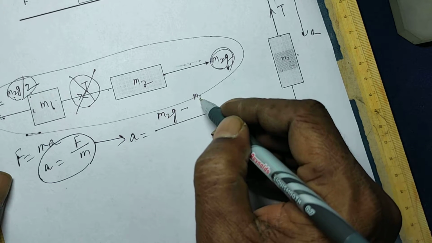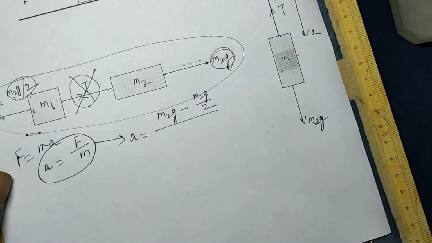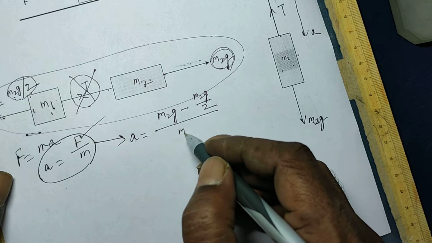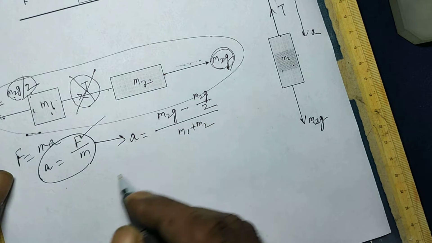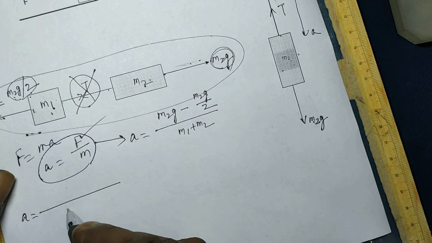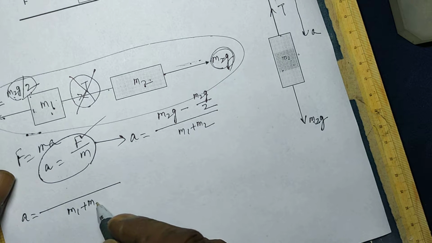M2G minus M2G over 2, that is the net force. Now the net mass is equal to M1 plus M2. So I rewrite here, the denominator is M1 plus M2.